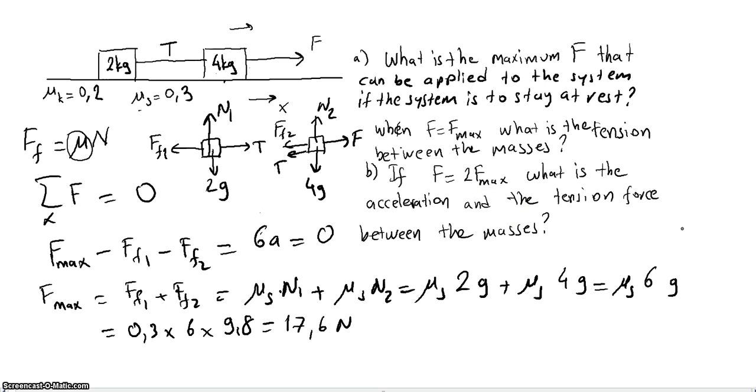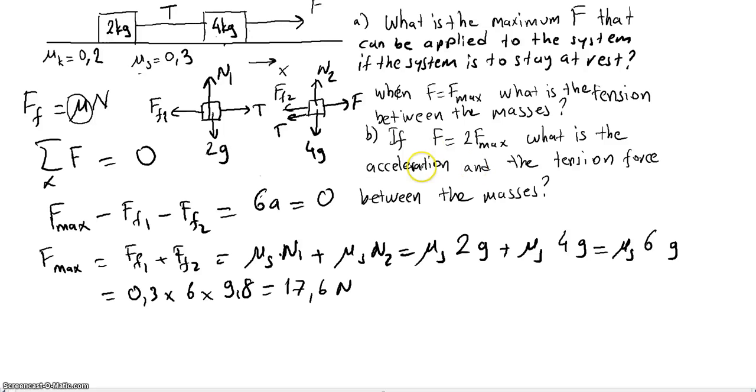Okay, before that, let's continue to solve part A by also finding the tension between these two masses. To find the tension, we can concentrate on one of the bodies. Let's concentrate on the 2 kilogram block.